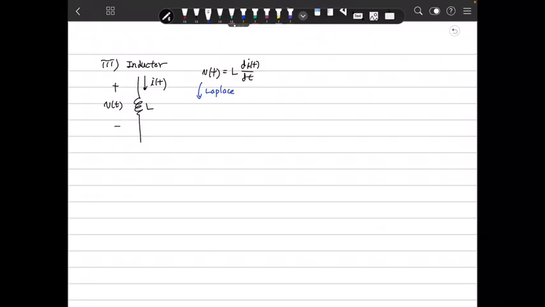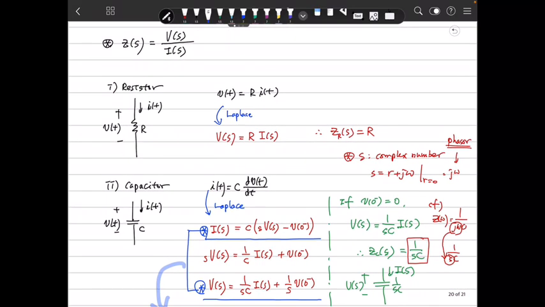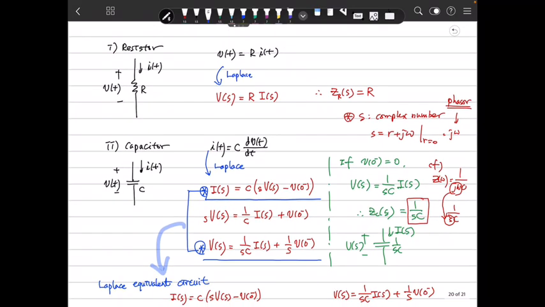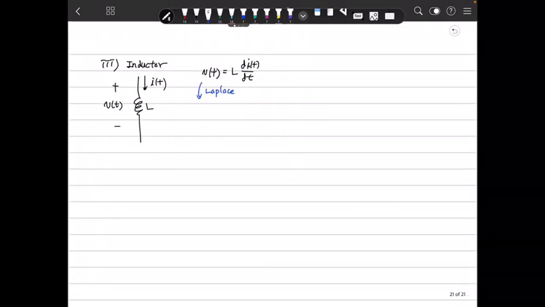So we wrote the capacitor case in Laplace in this manner. In the same way you can do this. Vs will be L times S times Is, because the derivative in Laplace is S, minus the initial value of i.